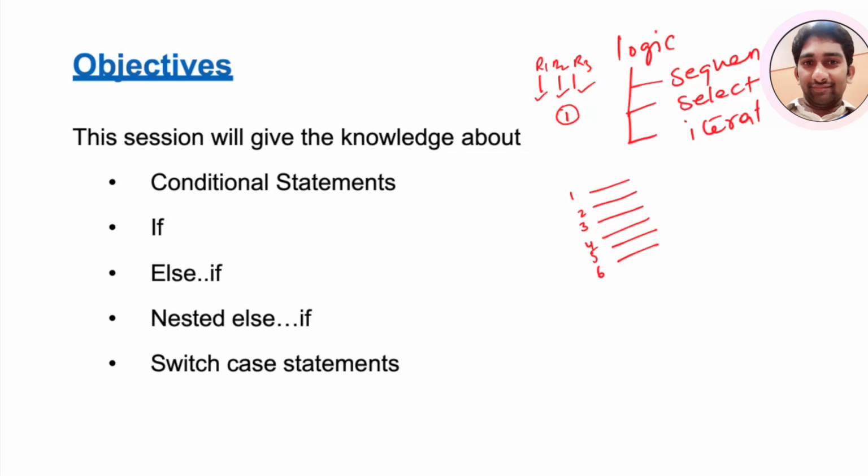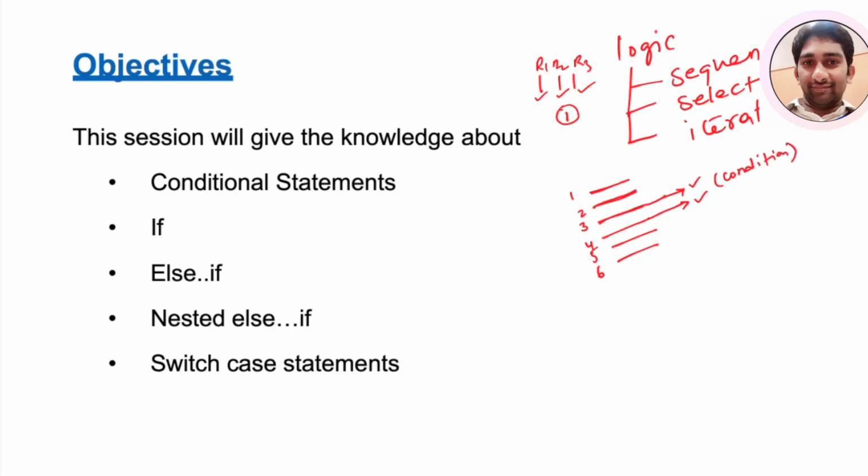So how selection works in your program is, let us assume that I have executed the first line and the second line. Now when it comes to the third line and the fourth line, I don't want to execute both. Either I want to execute the third line or I want to execute the fourth line based upon a condition.